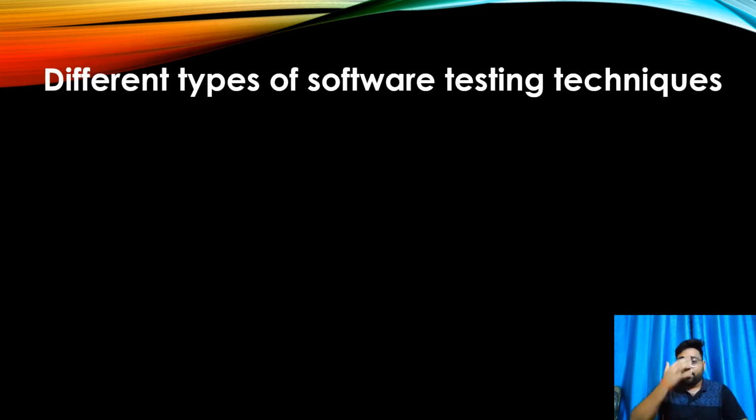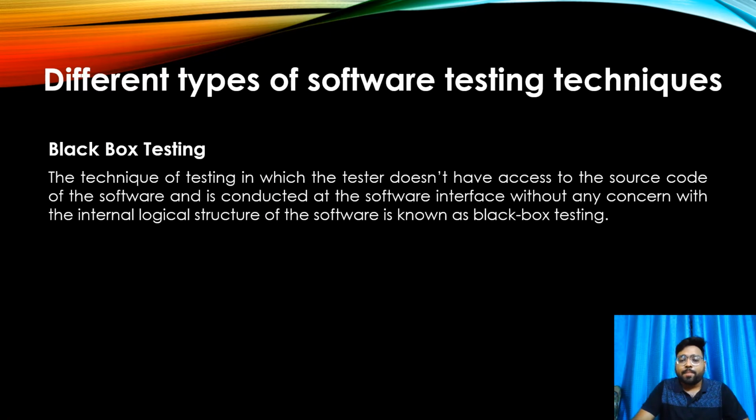So we have different types of software testing techniques, where we have black box testing. Black box testing is a high level testing, which is not visible in detail to the people; we can just see at a high level that the testing is done, and the tester does not have access to the source code of the software, right?